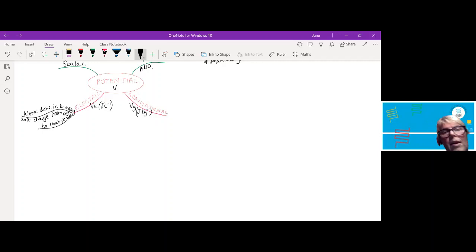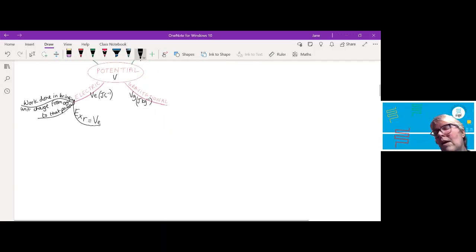So if you've got E for the electric field, the force per unit charge, and you times it by the distance, that gives us the electric potential.